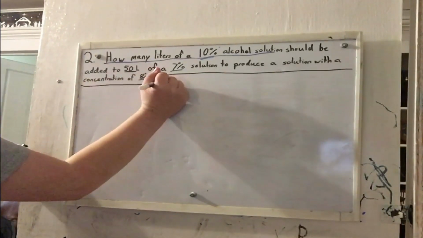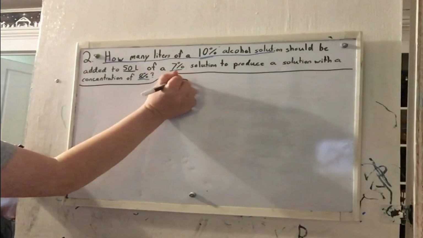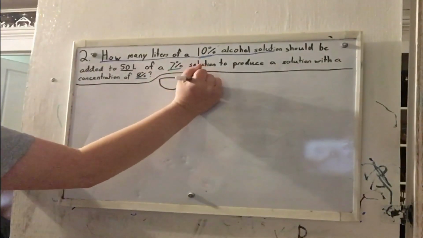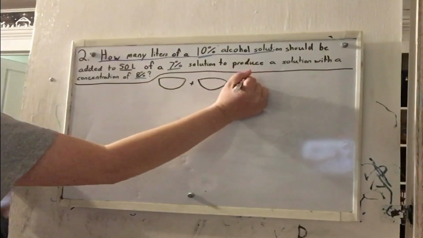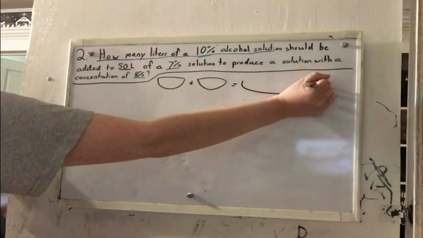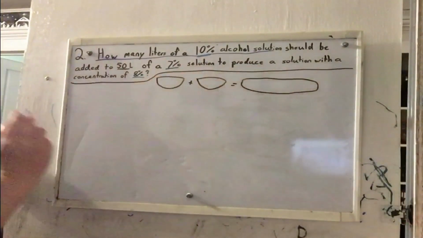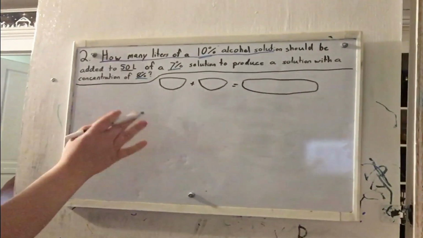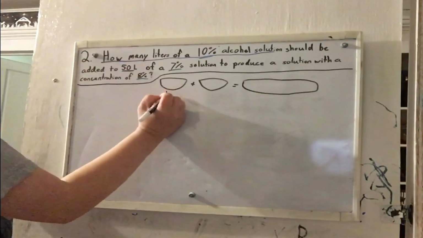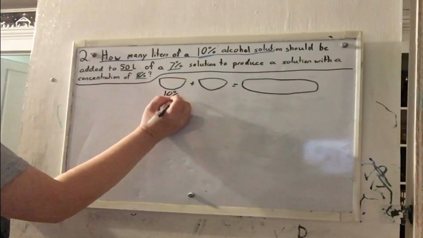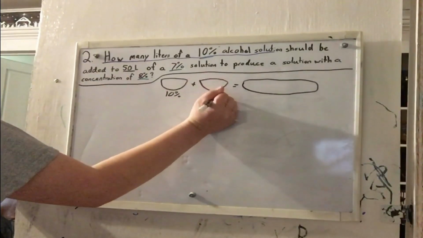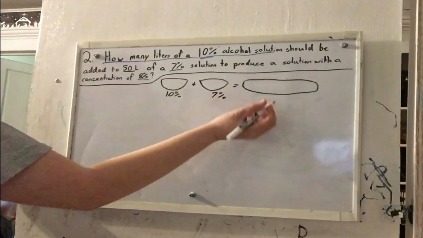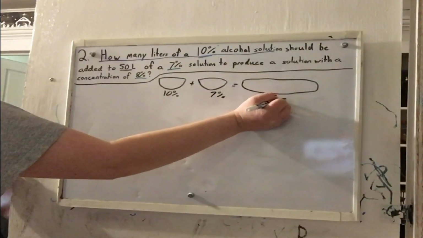So we're going to draw a small bowl still, plus a small bowl, and that equals the big bowl. Okay, now let's fill it in. We have the 10% solution in a small bowl. Another one in a small bowl is the 7%. And the big bowl is going to be 8%.